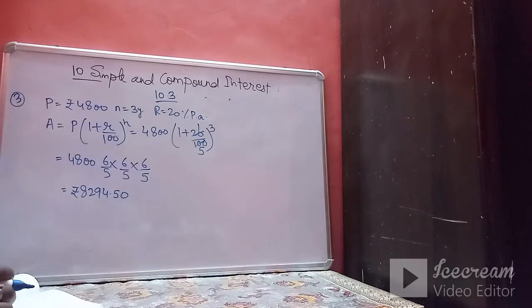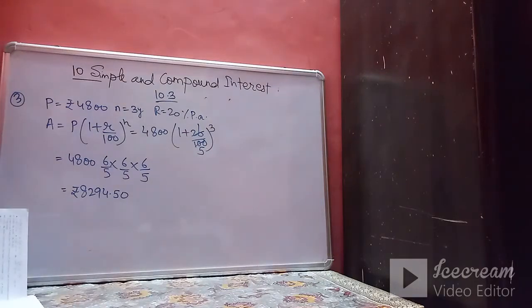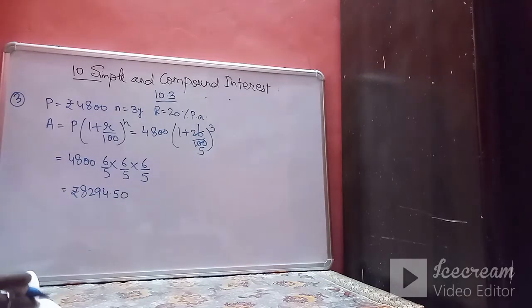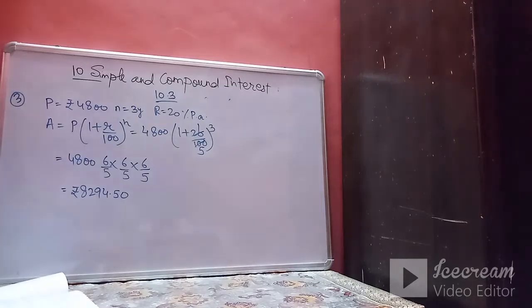So this will be the amount for 3 years when the rate of interest is 20% per annum. Or if you are not feeling comfortable, you can use the simple interest method also. Okay, so these are the questions in which the rate of interest was compounded yearly. Now let's see a question in which the rate of interest is compounded half yearly.